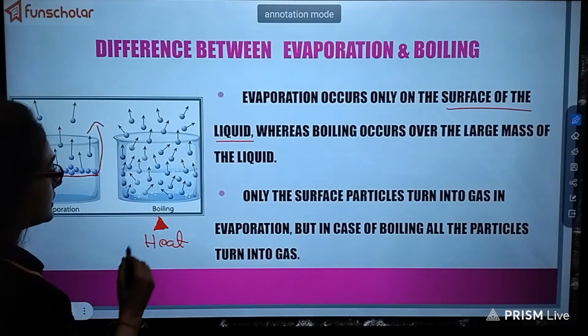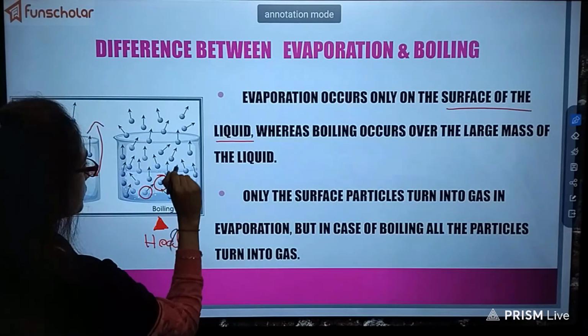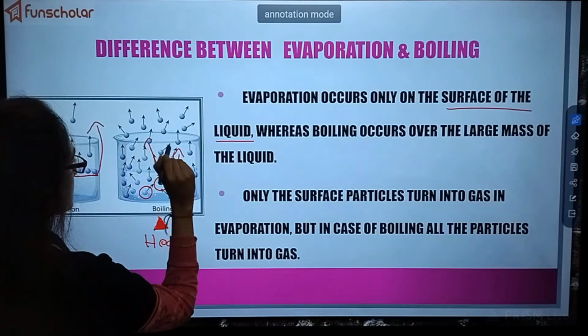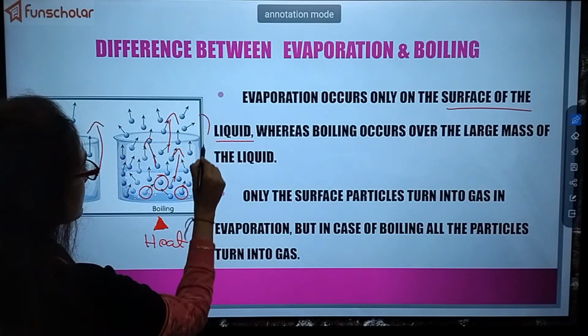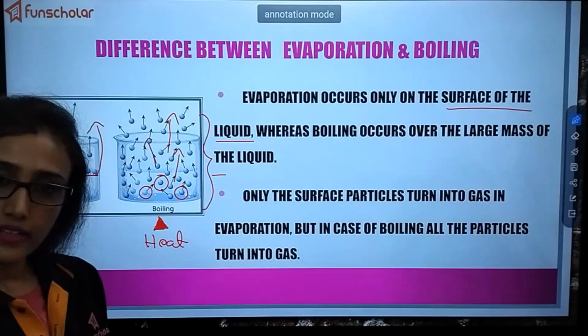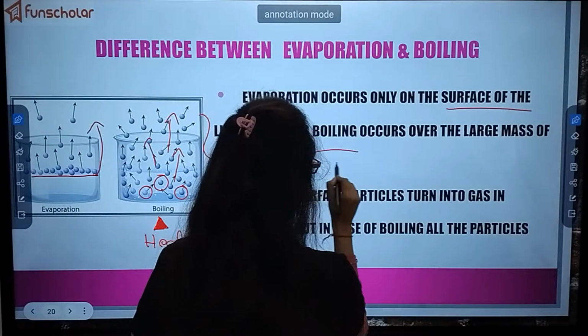When you are giving heat, the molecules of the water are moving in random direction, and boiling takes place throughout the liquid, right?